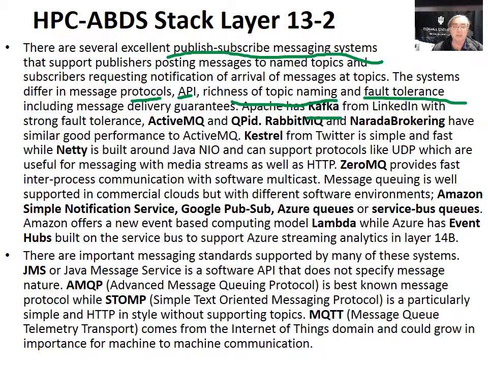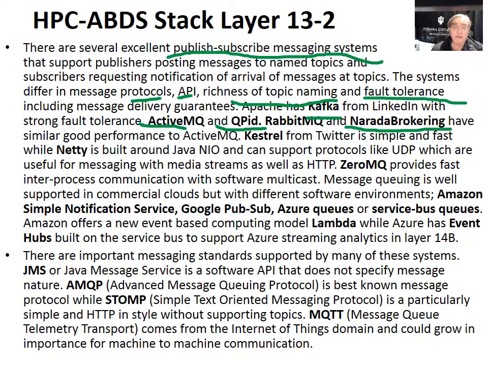Kafka from LinkedIn is Apache, ActiveMQ and Qpid are also Apache. Of these, ActiveMQ is probably the best known, and they're pretty similar to RabbitMQ, which is a well-known open source product, and a system from Indiana University called NaradaBrokering, which at one time was state-of-the-art, but really hasn't been developed for the last 4 years.